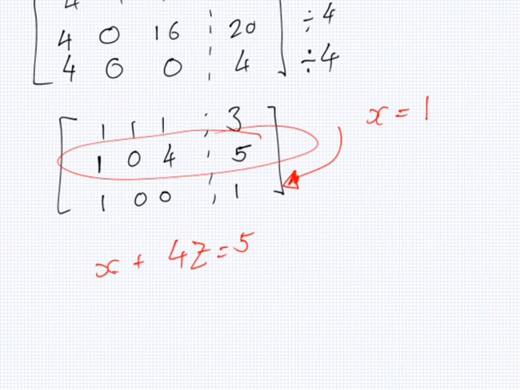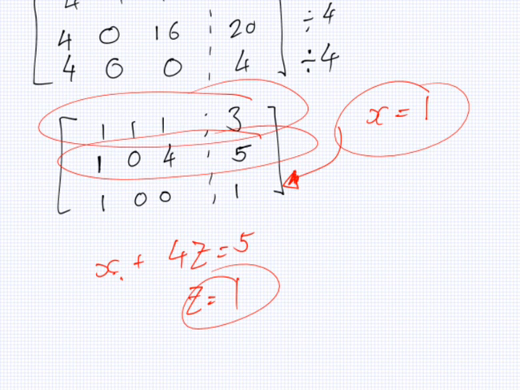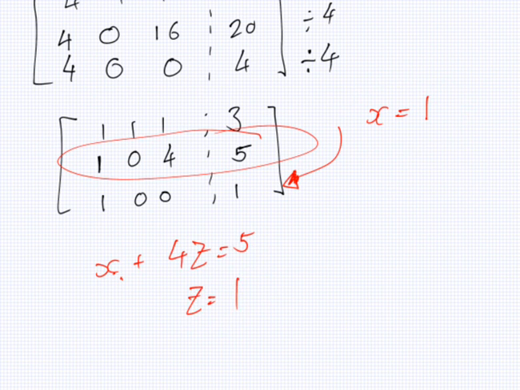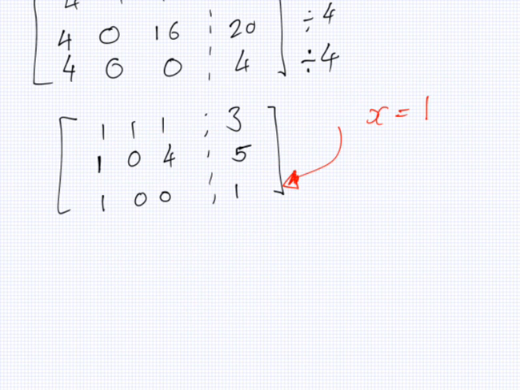So this is the answer. In this method, it's like a puzzle. You try to rearrange it until you get this box, the 1, 0, 0, 1 box. Simplify the box to this box, 1, 0, 0, 1.